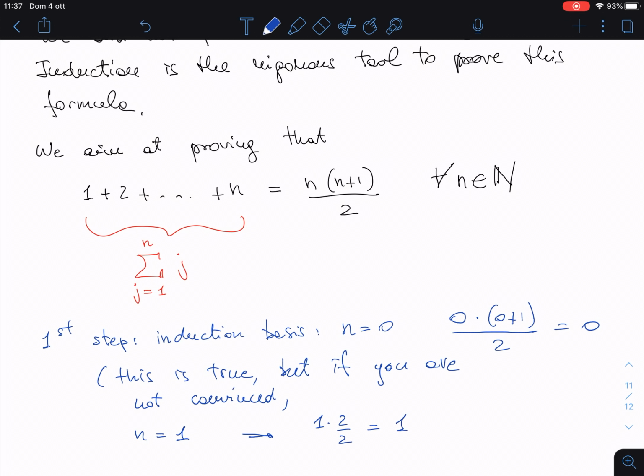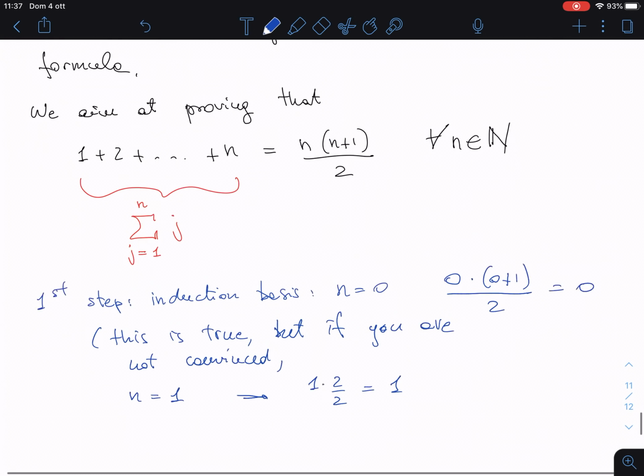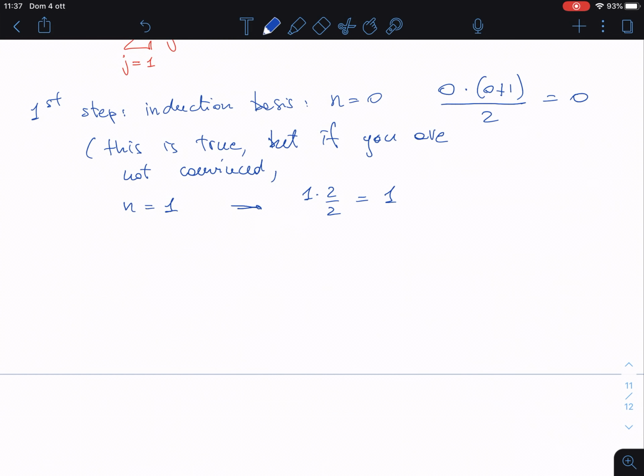This is equal to 1. So the sum of the first one number is 1, because the only number you have to sum is 1. This is called the induction basis. It is just a word. Sometimes when speaking it is useful to know the words.